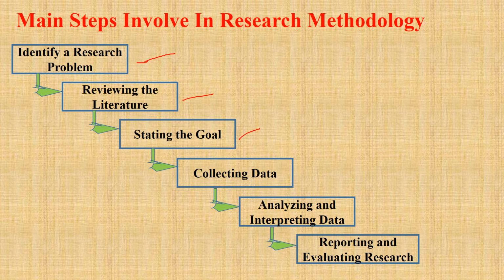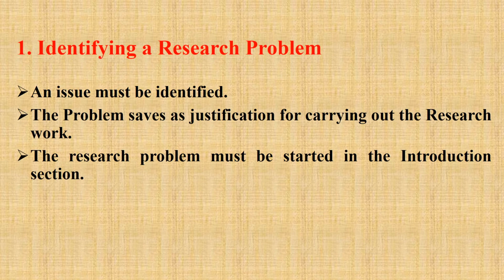Then you collect data, analyze and interpret the data, and finally report and evaluate the research. These are the main steps involved in research methodology, and we are going to look at them one at a time, starting with identifying a research problem.